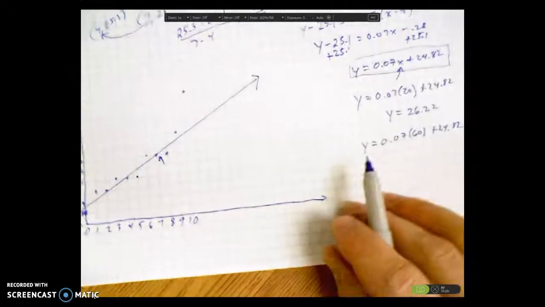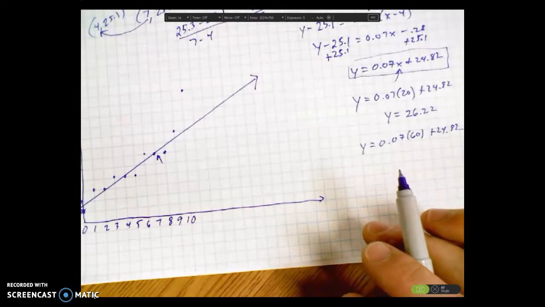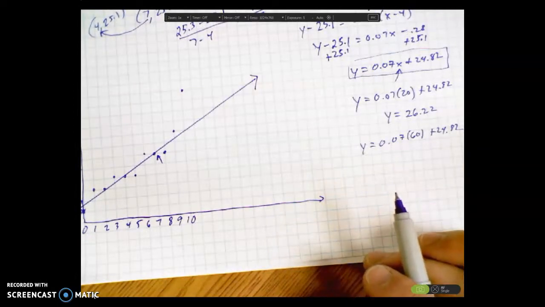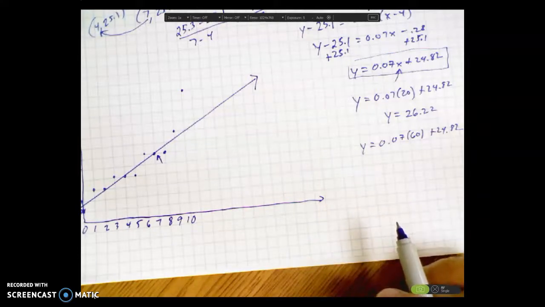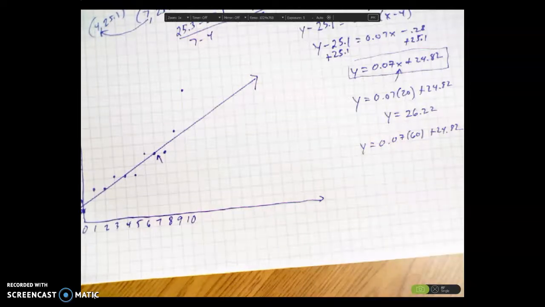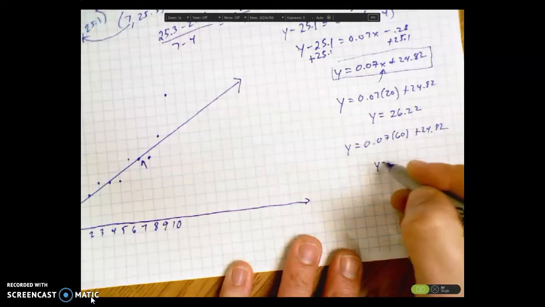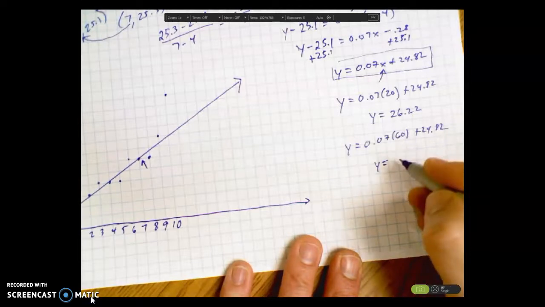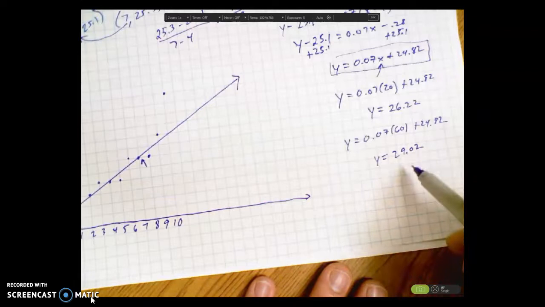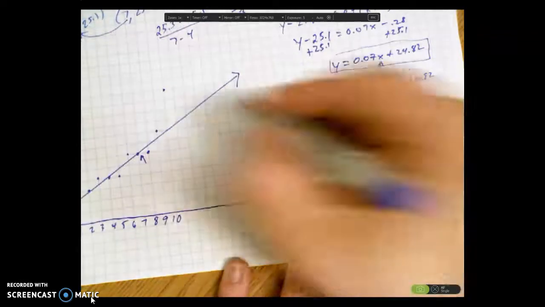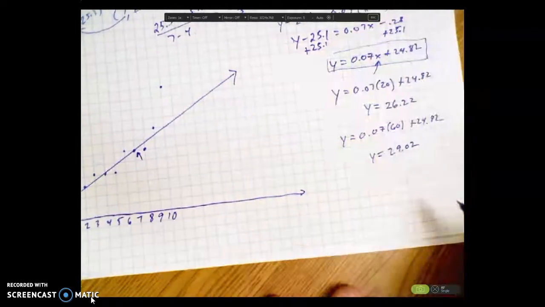And I'm going to do that math, and I end up with y equals 29.02. So the average age of marriage in 60 years, if we continued this trend on out, would be about 29 years old.